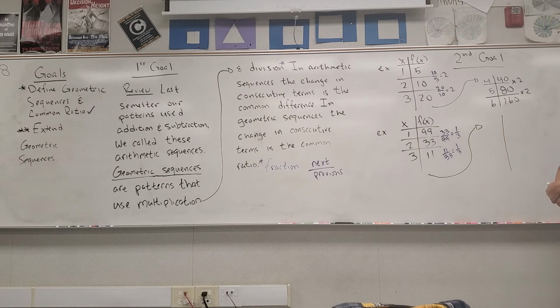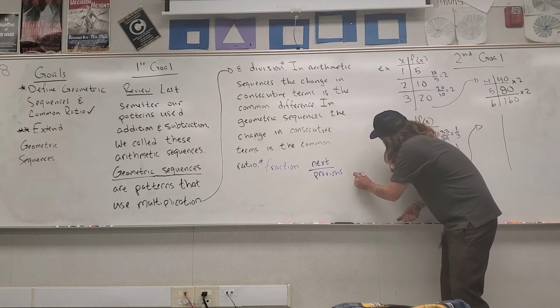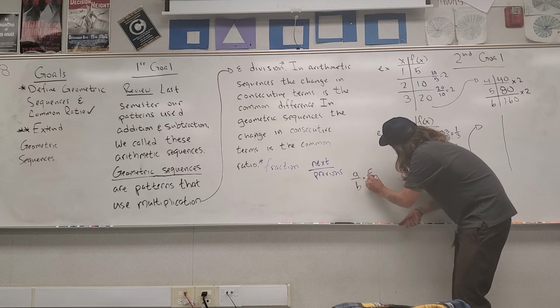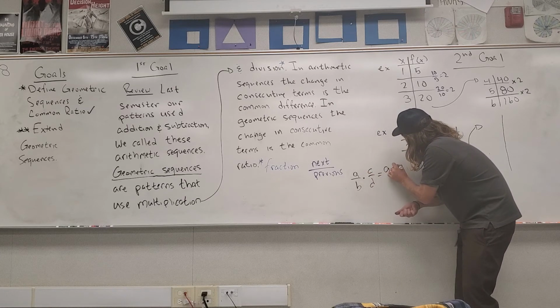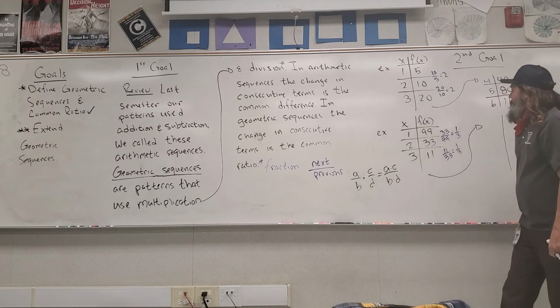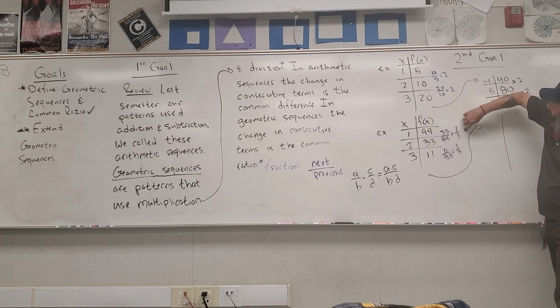I know that I am multiplying by a third. Now, just a quick review of fractions. If I have a fraction a over b, and I multiply it by a fraction c over d, I just multiply straight across, and I get a times c divided by b times d. To go from 99 to 33, I have to multiply by a third.